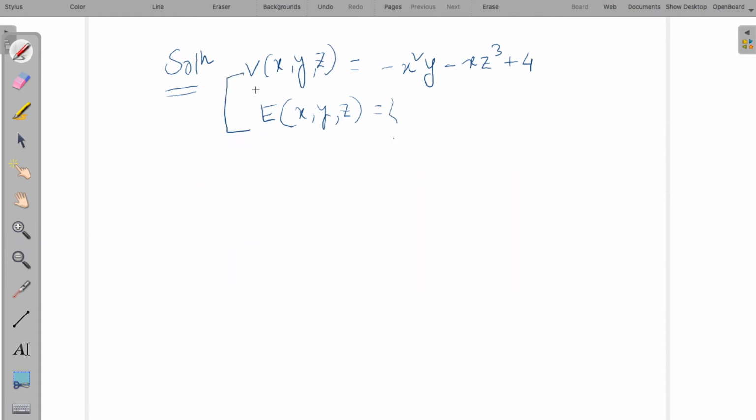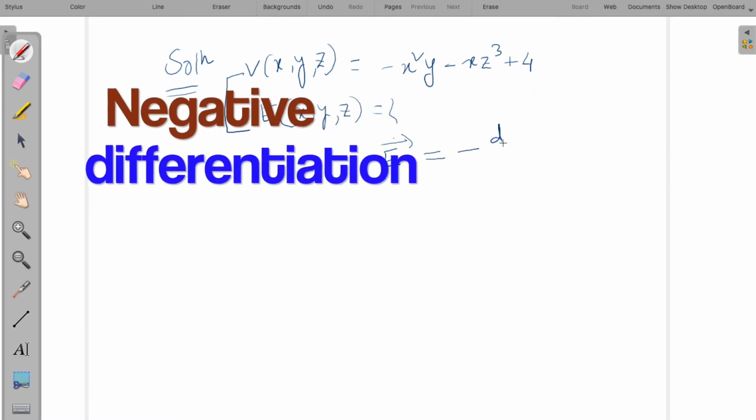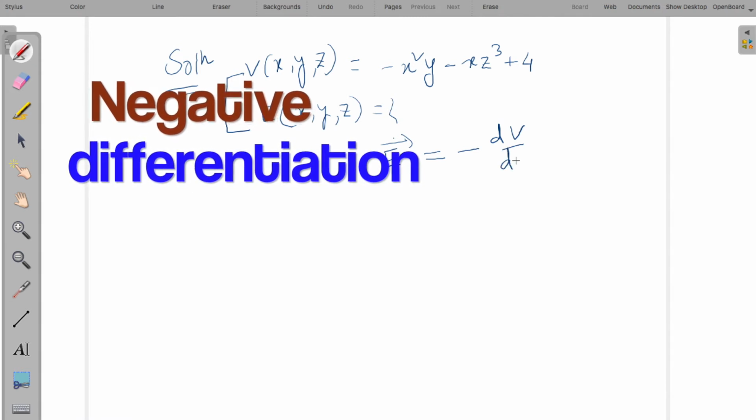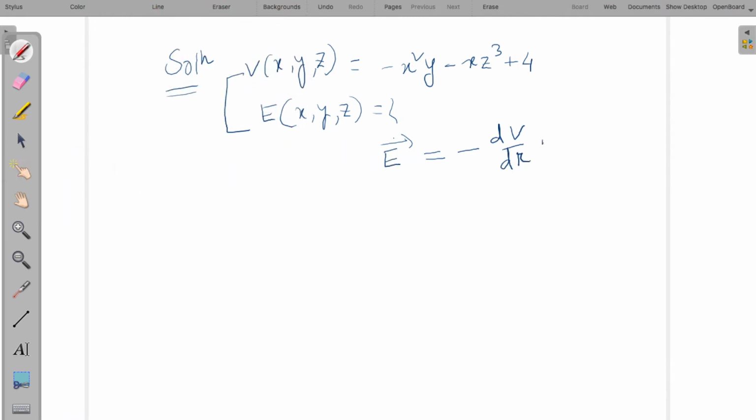So we know that there is a direct relationship between the electric intensity and the potential, which is given by E is equal to negative differentiation of the potential with respect to the position vector r, in the r cap direction, right?